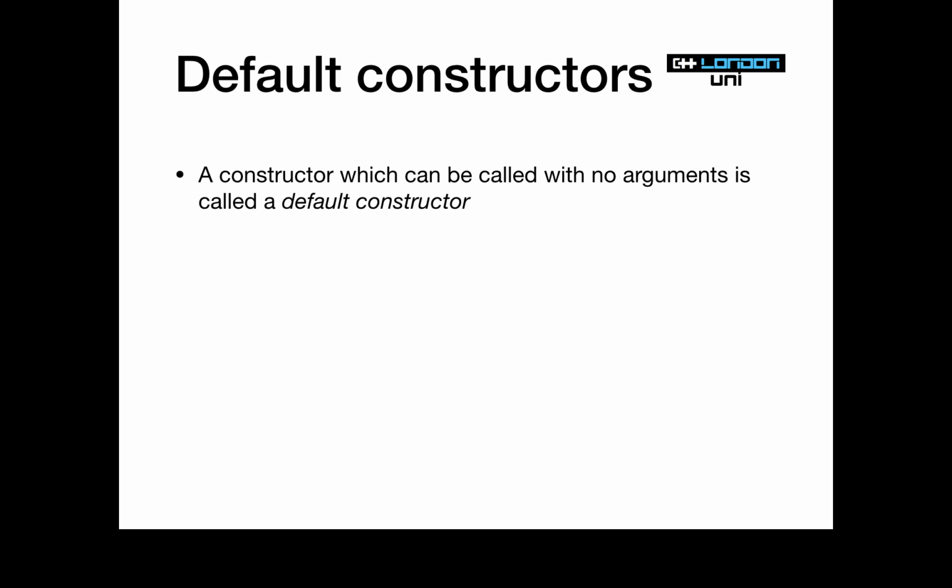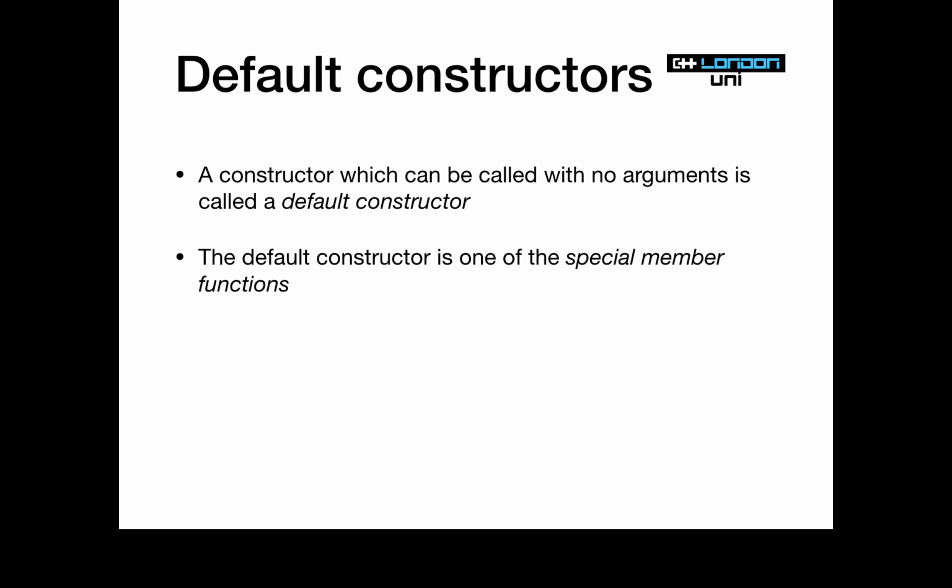Okay, so very briefly, I just mentioned this on the last slide, but a constructor which can be called with no arguments is called a default constructor. And a default constructor is special in many ways. It's actually what we call one of the special member functions.